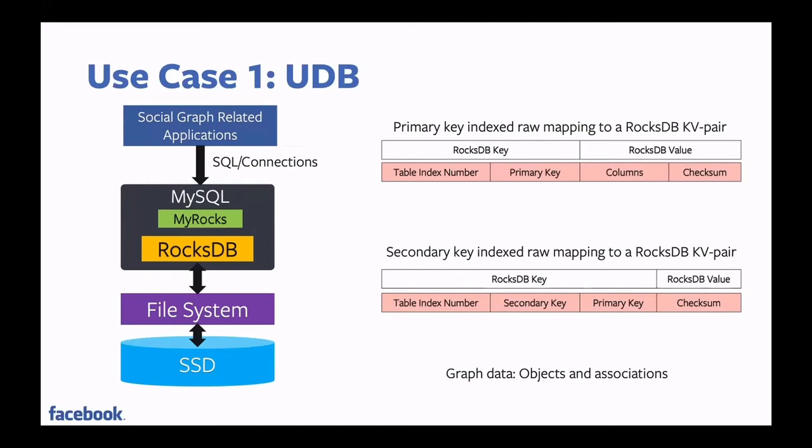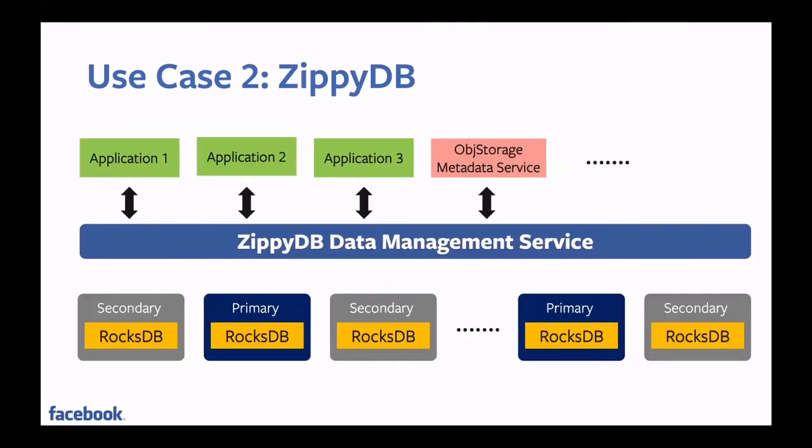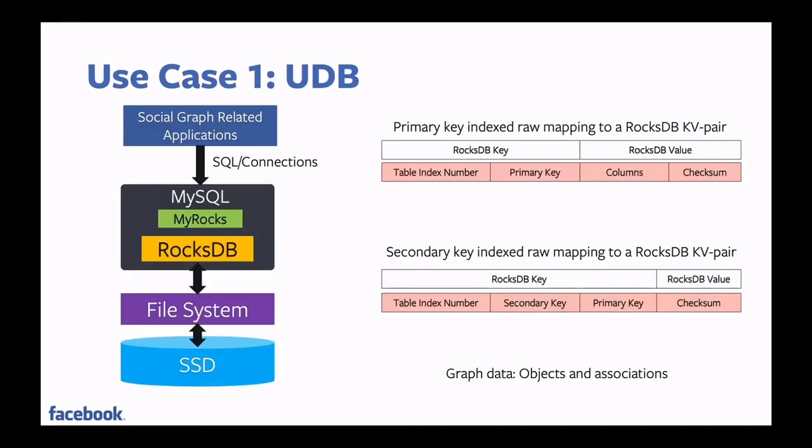We replace the original InnoDB with RocksDB as its storage engine. It provides us pretty good space efficiency and pretty good write performance. We have a layer called MyRocks, which converts the SQL query to RocksDB.